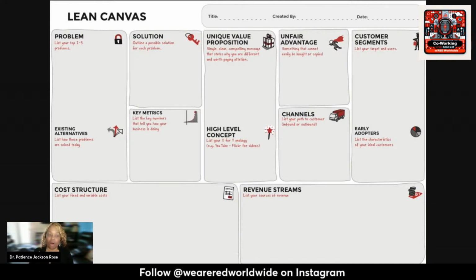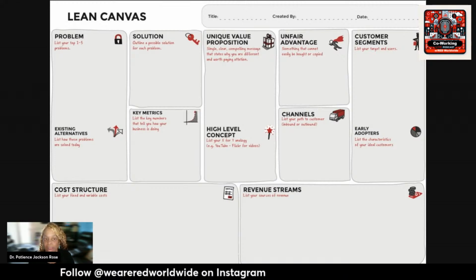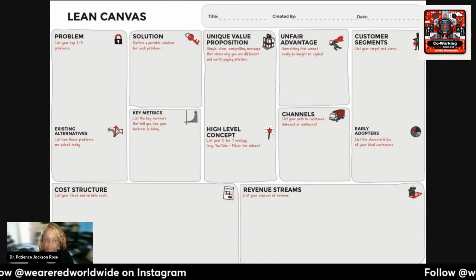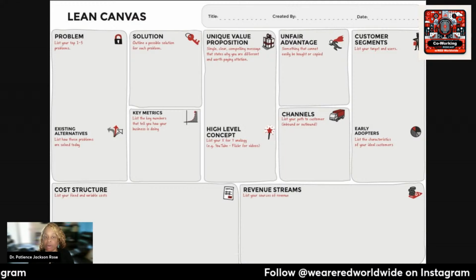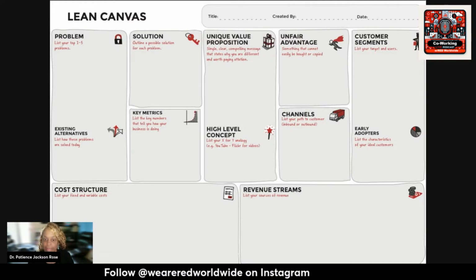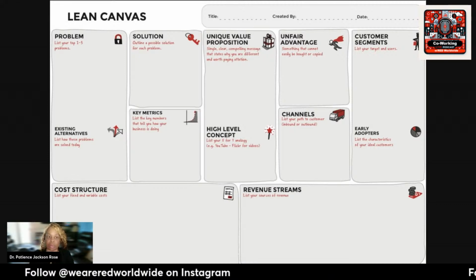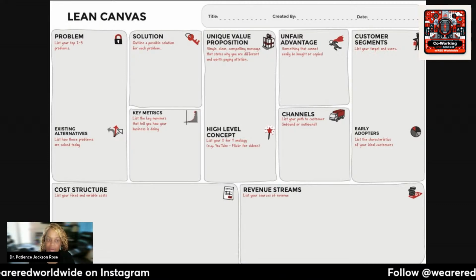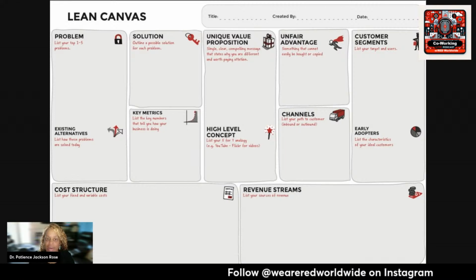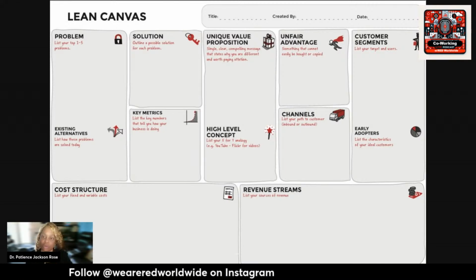So, although you might put in the problem that you're going to solve and the existing alternatives, I would immediately look at who you're going to serve. Because once you know what problem they're having and the existing alternatives out there, it's going to help you get a better view of what the solution is.